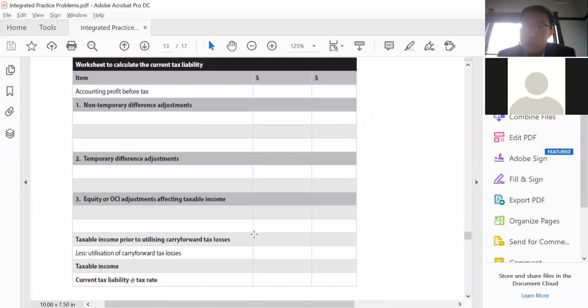And so when we put all of this together, that is going to allow us to break down and reconcile this accounting profit before tax to our taxable income. So what do we do?